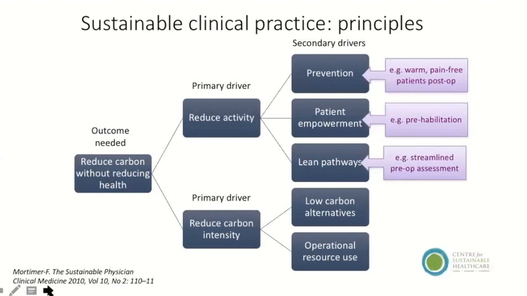So respiratory asthma and COPD inhalers make up about 5% of the carbon footprint, or up to 5% of the carbon footprint of the health service in England, so between 4 and 5%, and that's due to the propellant in the inhaler. It's not due to the drug. So if you buy the same drug in a different type of inhaler, like a dry powder inhaler, then it will have about 1/20th of the carbon footprint.